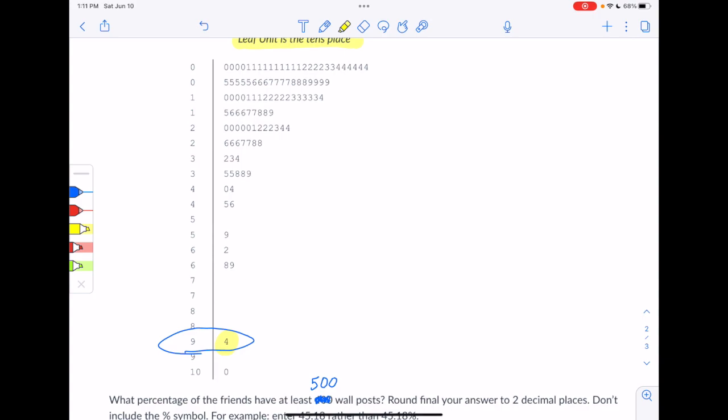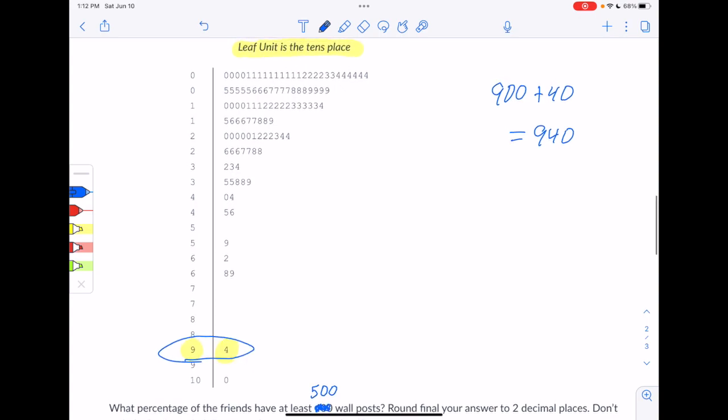So that's like a 40. And the 9 is 9 tens tens, it's 9 hundreds. So that's like a 900. So that number right there is really like 900 for the stem plus 40 for the leaf. So 940. So that note about the leaf unit being in the tens place is really critical for being able to process this problem correctly.